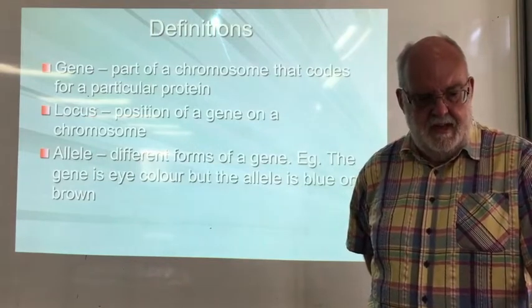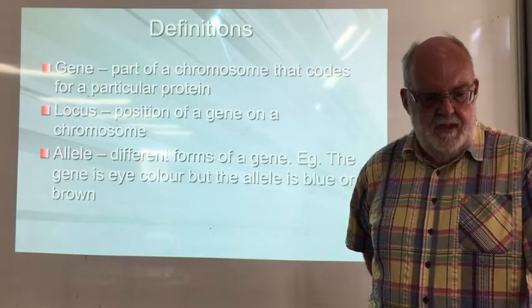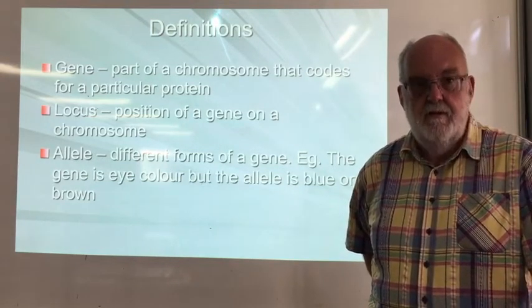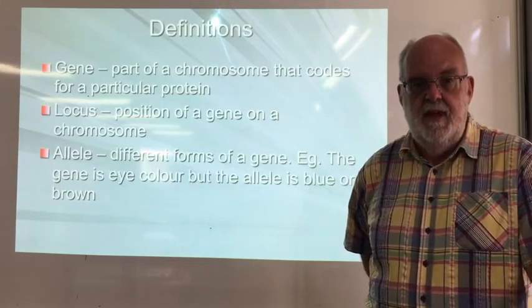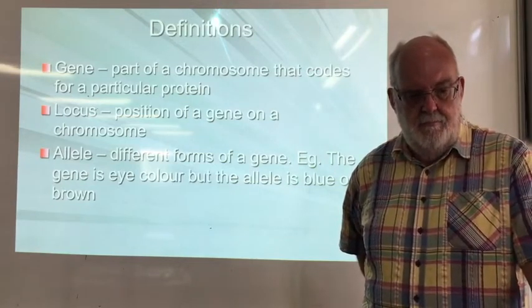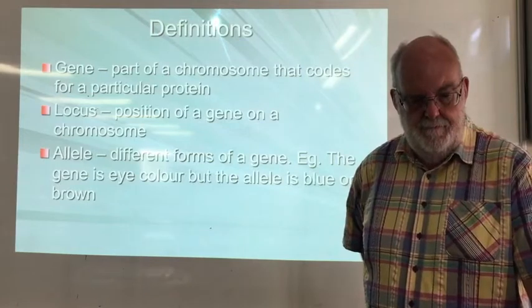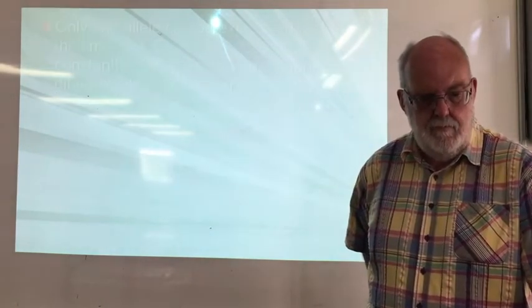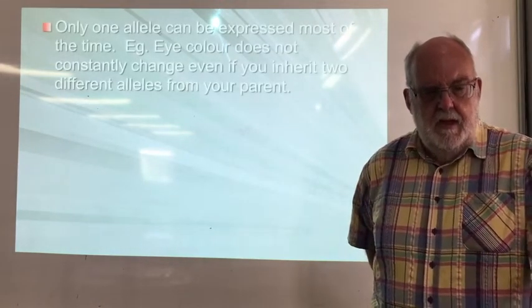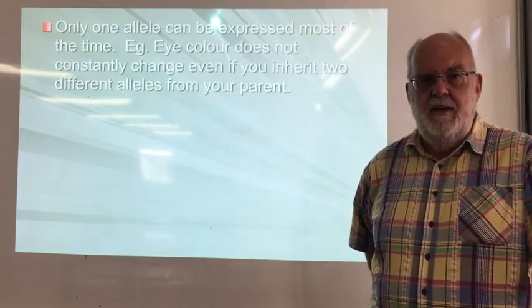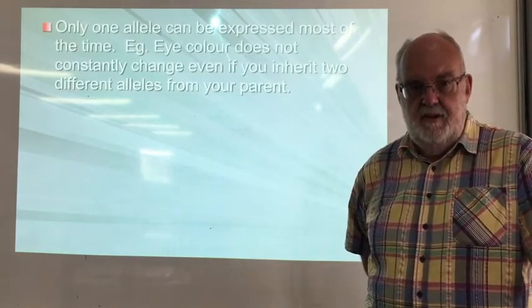So in this particular case, we're talking eye colour. So the gene is the eye colour gene, but the alleles are either blue or brown. You can only express one allele at a time, except in certain circumstances.